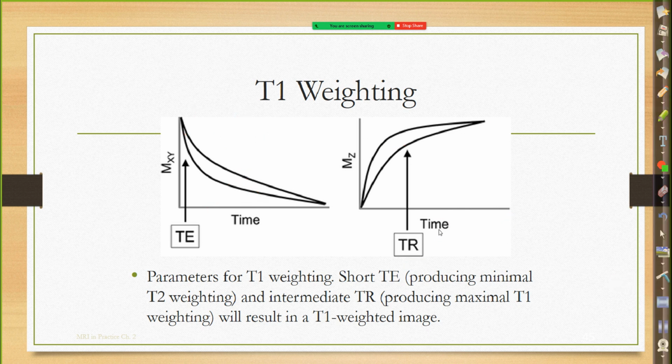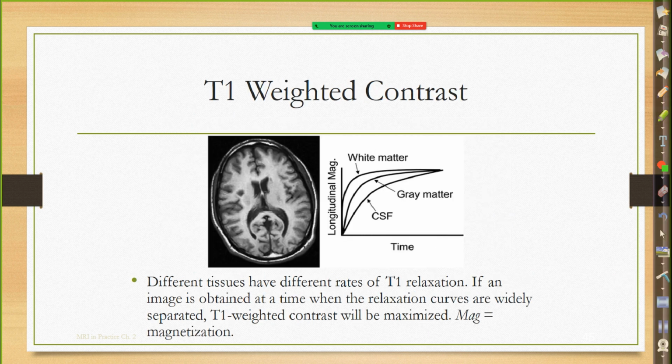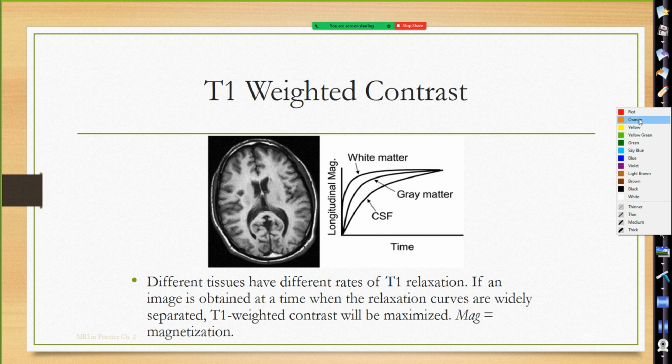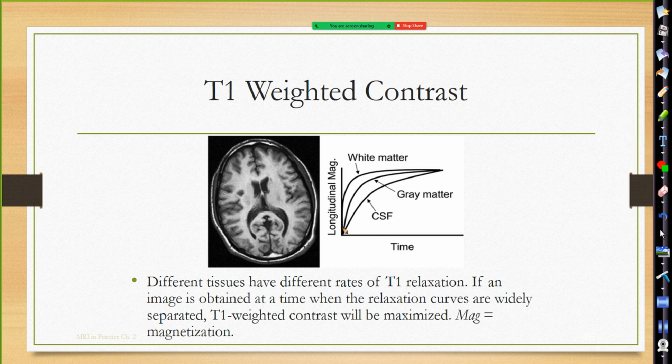All right. So here we have, once again, the relaxation rates of various tissues. And we don't have fat on this curve, but we could draw it in. It actually even recovers faster than our white and gray matter. So if we pointed to these structures, since fat recovered the fastest, it's bright.